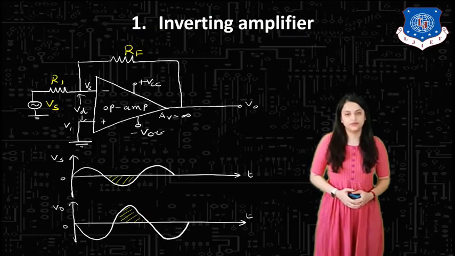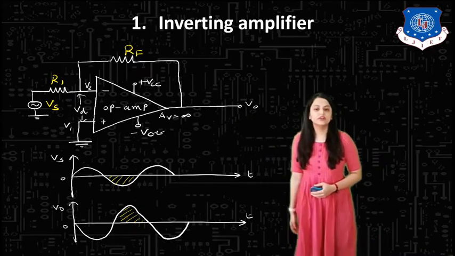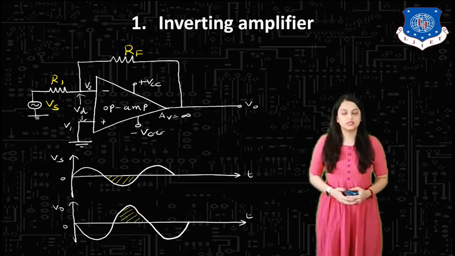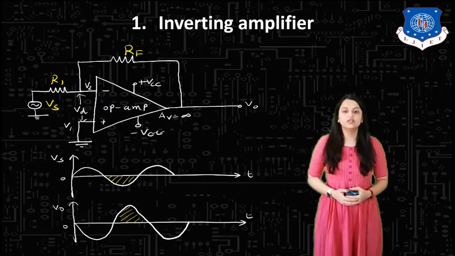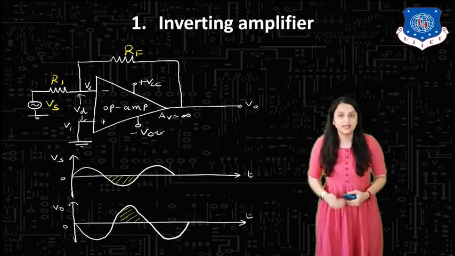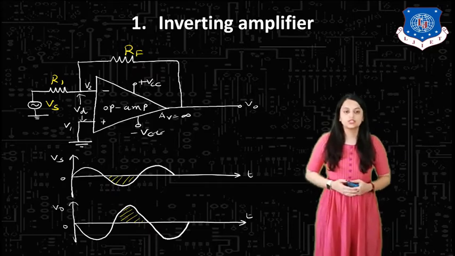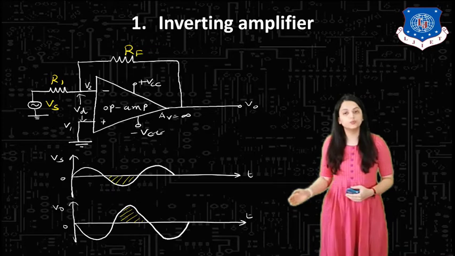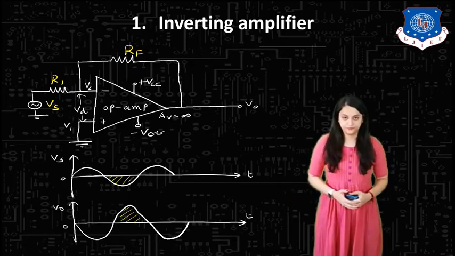So first one is inverting amplifier. See this circuit diagram: the input is given to the inverting terminal, that is the negative terminal of op-amp. The source voltage Vs with the input resistance R1 is given to the negative input terminal, and the positive terminal is connected to ground. As you can see, there is a feedback present between the output and input having the feedback resistance Rf.